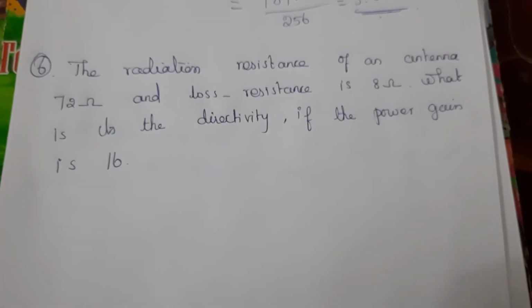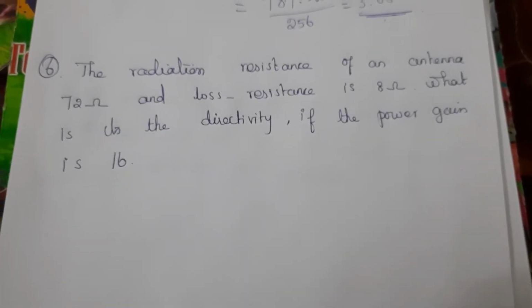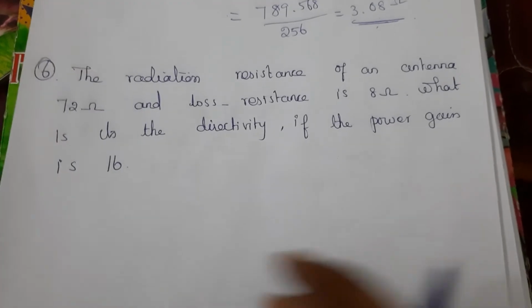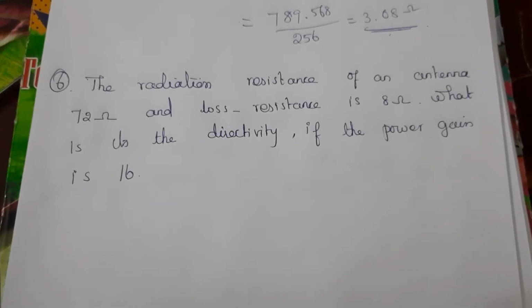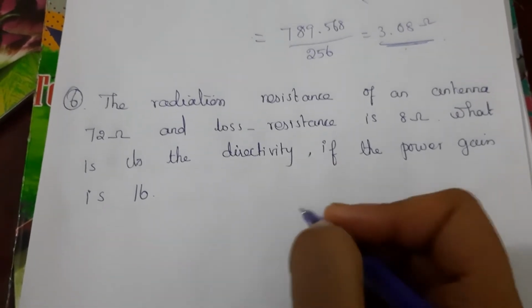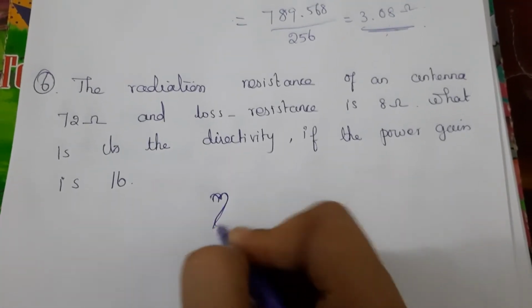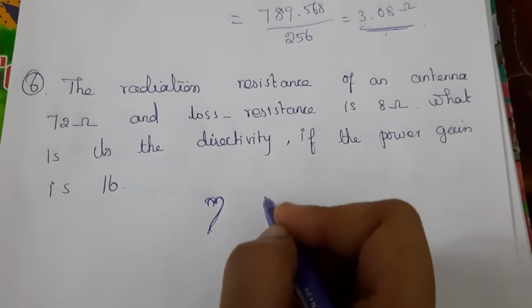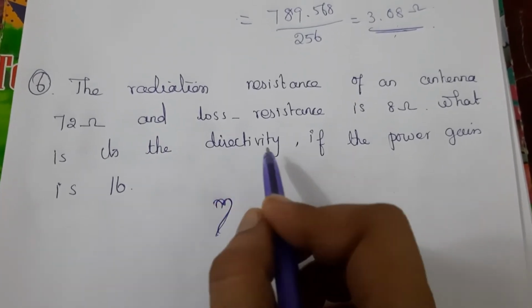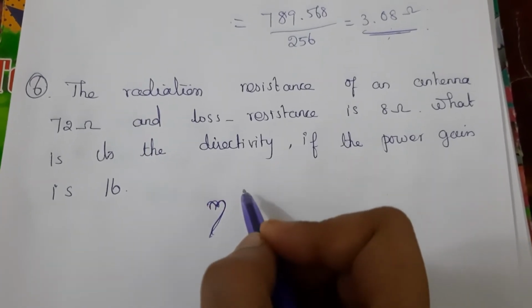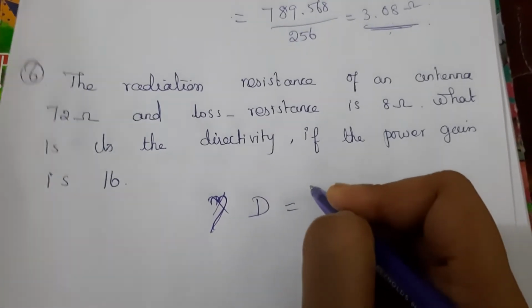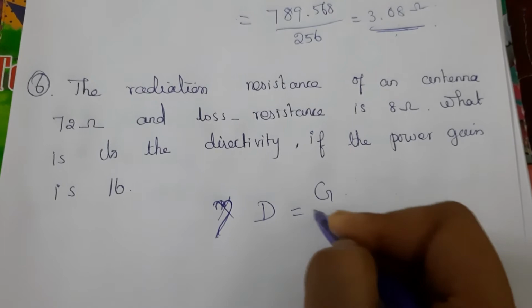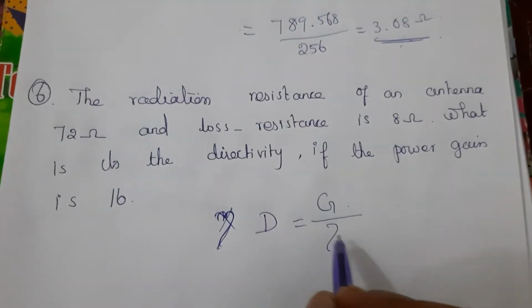Next question: the radiation resistance of an antenna is 72 ohm and the loss resistance is 8 ohm. What is the directivity if the power gain is 16? So we need eta, that is efficiency, because we have to find the directivity, and we know the formula for directivity: that is equal to power gain divided by eta.